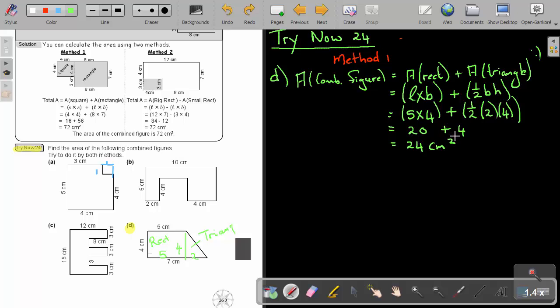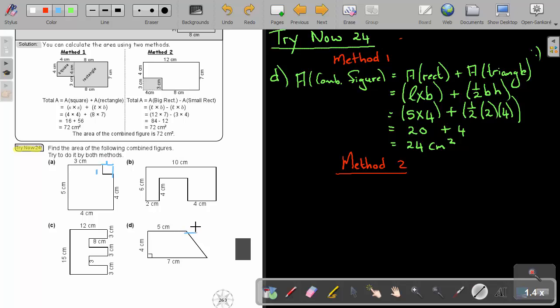Okay. But if I want to do it on method 2, how am I going to do this? So now I'm just going to say, okay. Let's just clean it first. Oh, sorry. So if I first, I'm going to make a big figure.